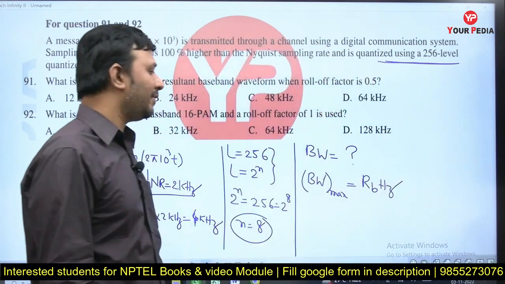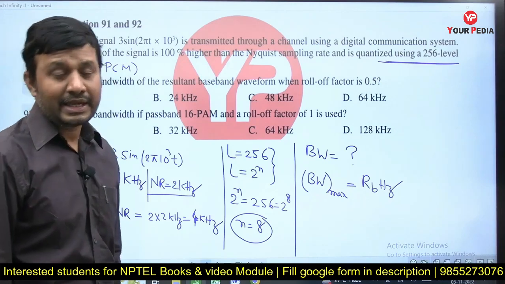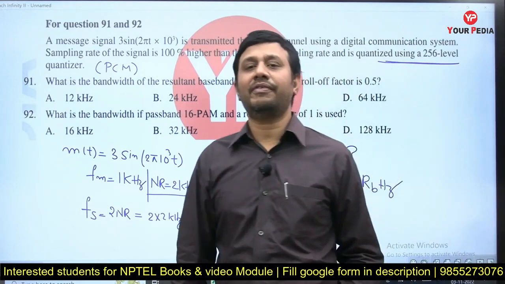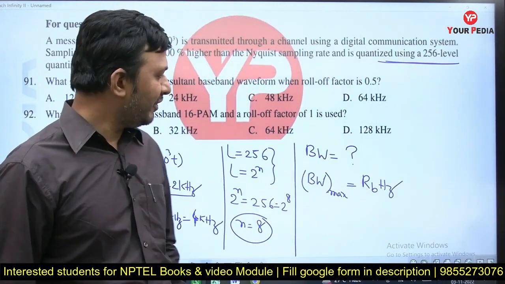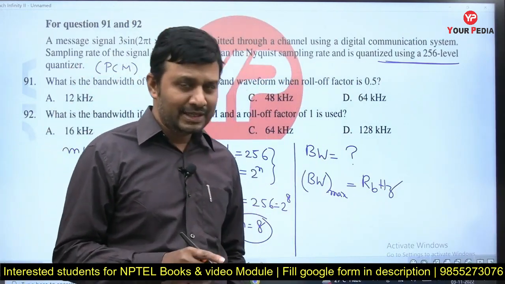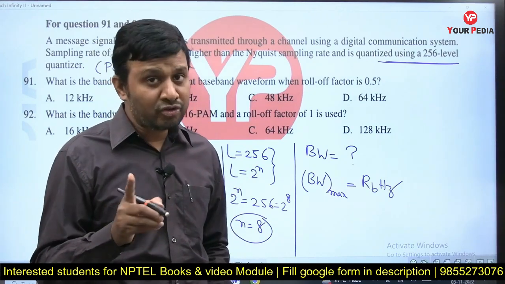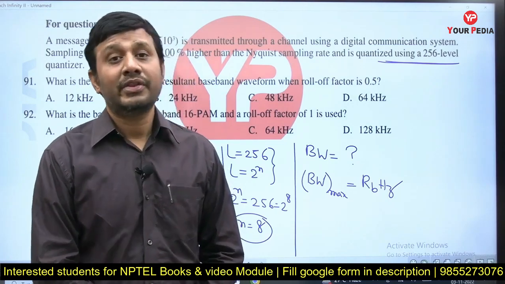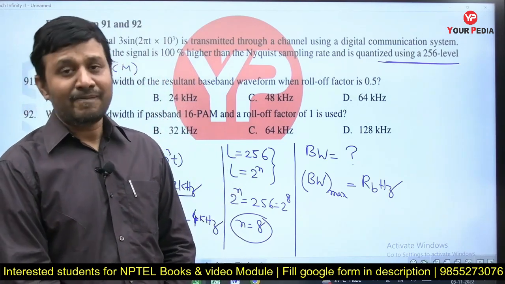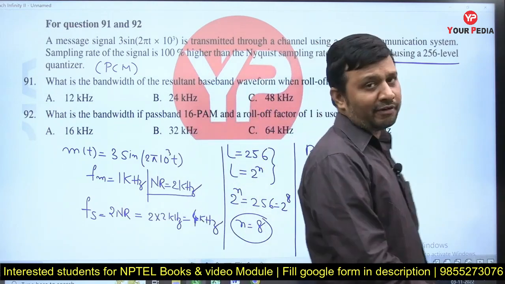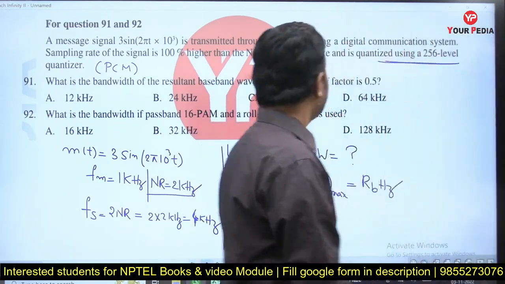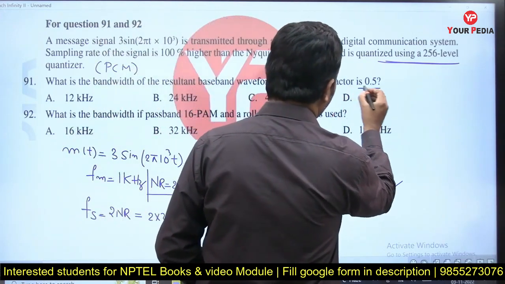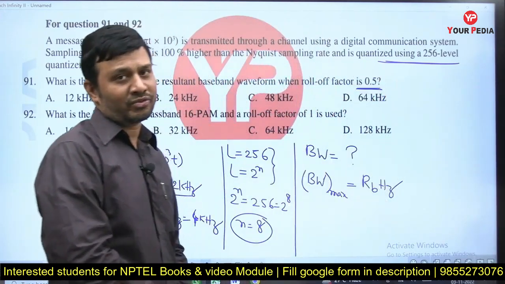Instead of rectangular pulses, he may use raised cosine pulses. What is the purpose of using raised cosine pulses? If you use rectangular pulses, there may be a possibility of inter-symbol interference, with which the probability of error increases. In order to decrease the probability of error, they can use raised cosine pulses. So a roll-off factor of 0.5 means he is using a raised cosine pulse.